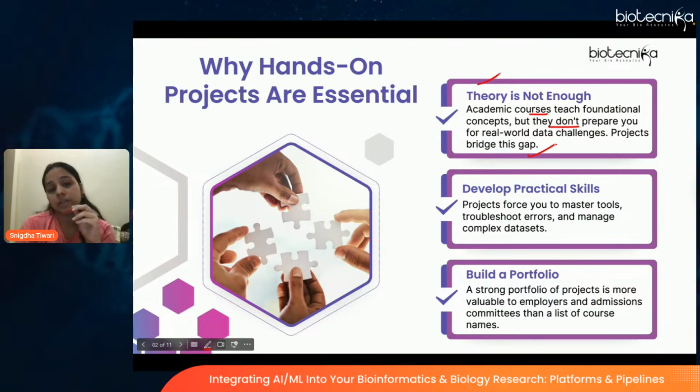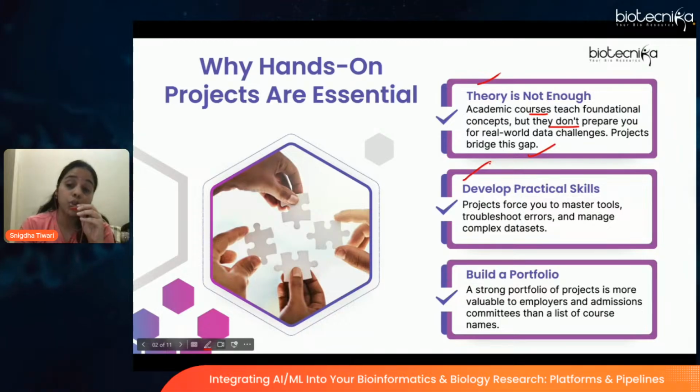Projects bridge the gap between what you learn and the concepts you have built. Taking up a project and doing the pipeline development shows the potential, and it bridges to real world data challenges.